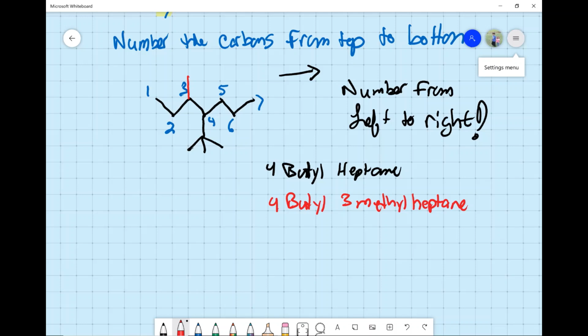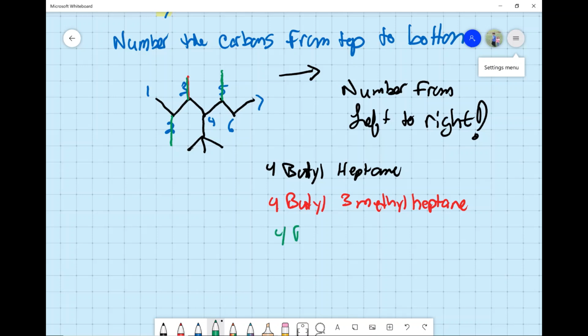The B and the H didn't need to be capitalized, actually. We could add other methyl groups. I can add one here to 2, and we can add this one to the 5. And so now we have 3 methyl groups. And so we want to do the name now.